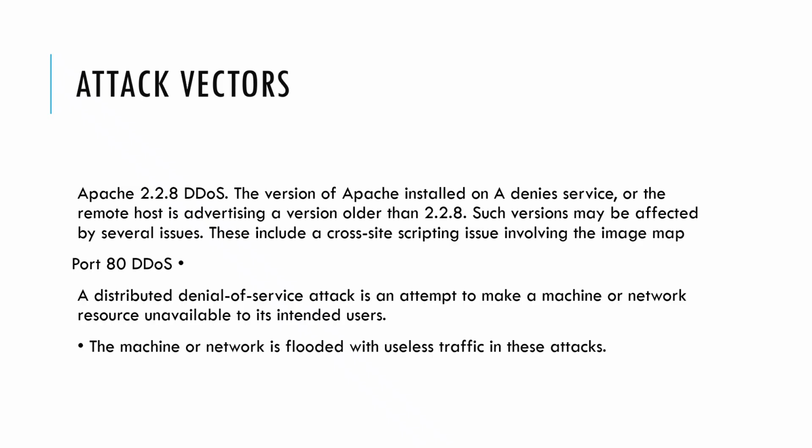Port 80 DDoS also experienced a distributed denial of service attack, which attempted to make the machine network resources unavailable to the intended users. In this case, the machine network is overflooded with unnecessary traffic.